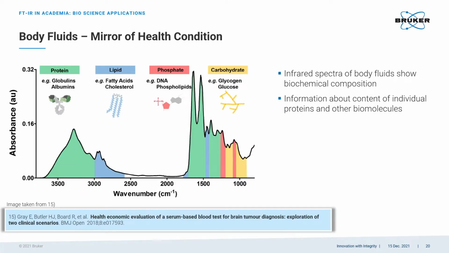So there's information of all the individual proteins within the sample, of the lipid, the phosphates which come from the DNA, carbohydrates, and so on, so of all biomolecules that are present in such a blood or urine sample. And based on that complex spectroscopic fingerprint, we may get indications about the health condition of the individual from which this sample has been taken.